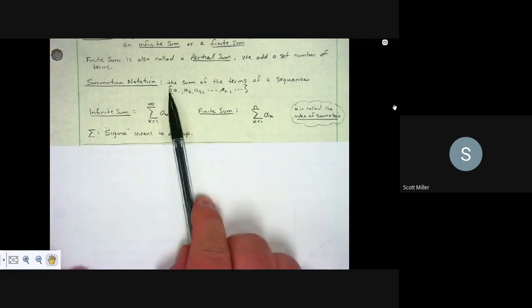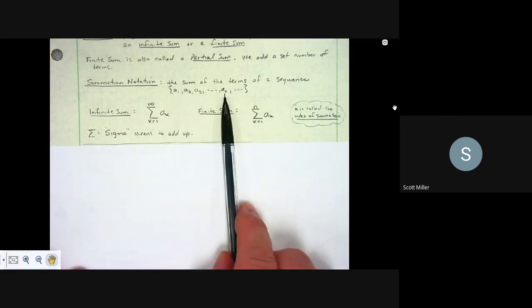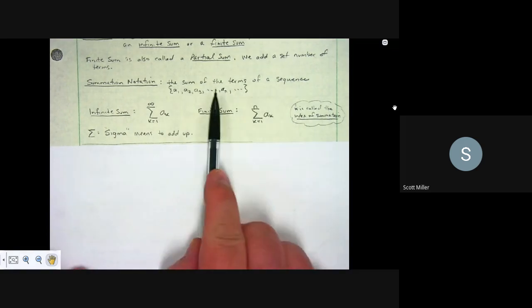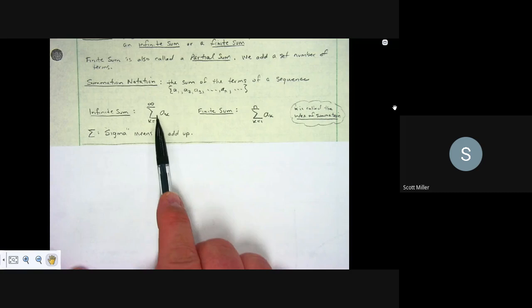We need to talk about summation notation. So here is a sequence from a sub 1 through a sub n to infinity. So it just keeps on going, this pattern. Okay? So this symbol right here, this big fancy looking E thing, which is the Greek letter sigma, when you see this symbol, it means that you're going to add up terms. This is what each term looks like.